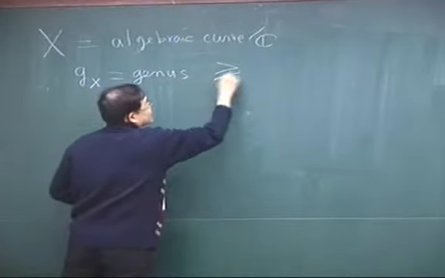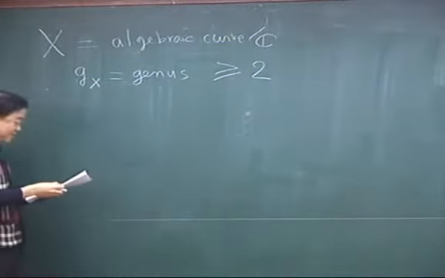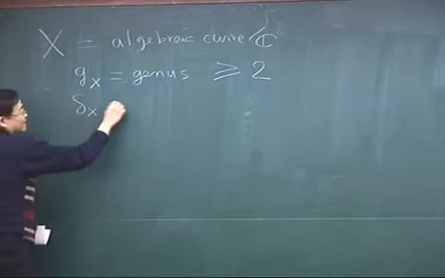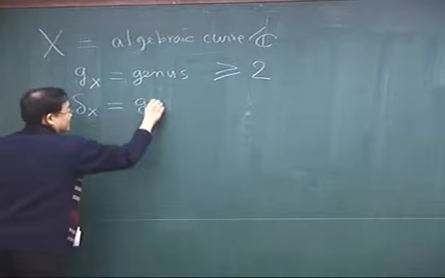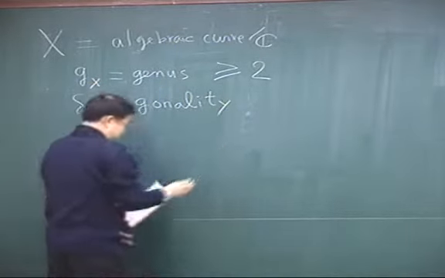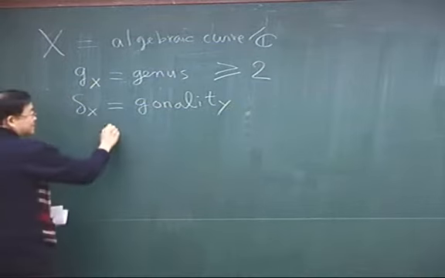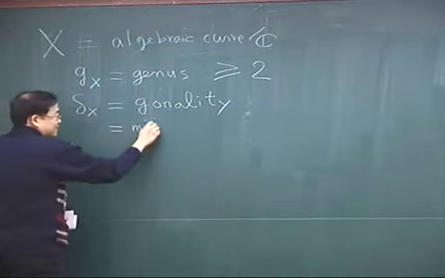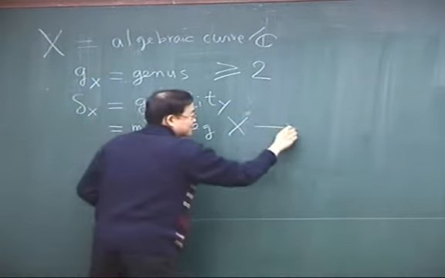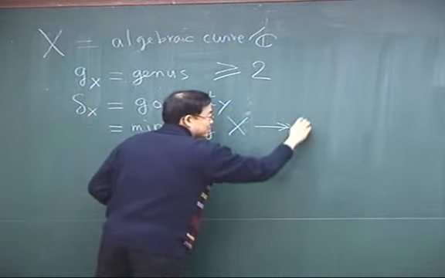And we assume that it's at least 2. And then there's this notion of gonality. And this means that it's the minimum degree of a surjective morphism to P1.